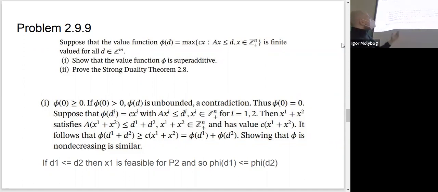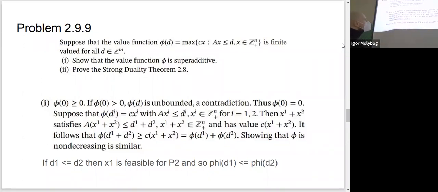Or by 1,000, and the objective function is going to grow. Therefore, if phi of 0 is greater than 0, then phi of d is going to be unbounded, which is a contradiction to our assumption that it is finite for all d. Thus, we have proven that phi of 0 is equal to 0.